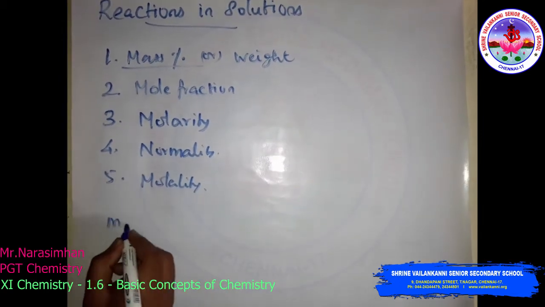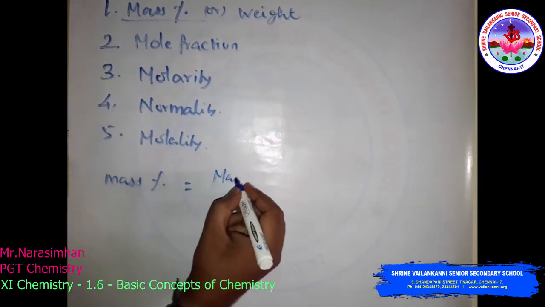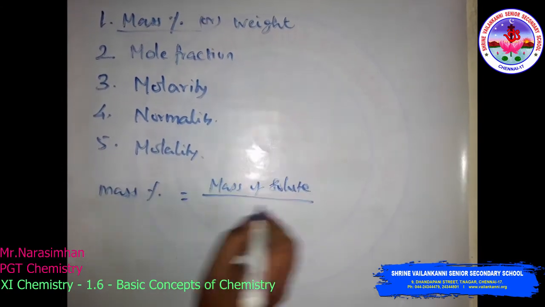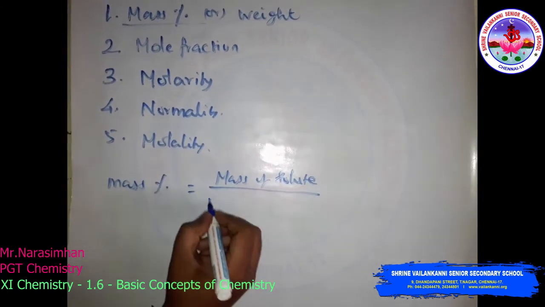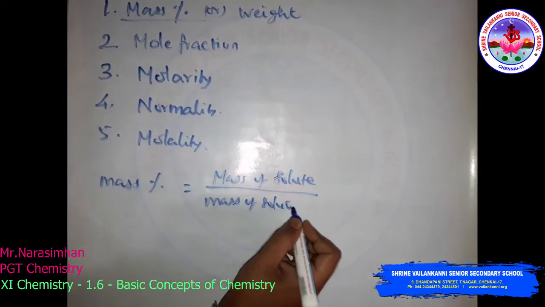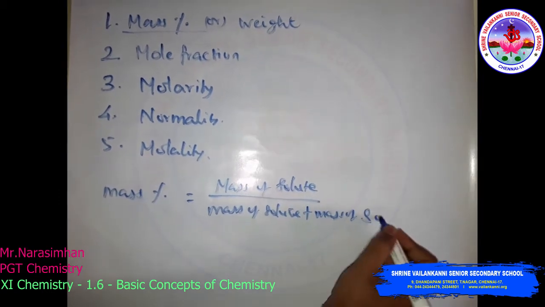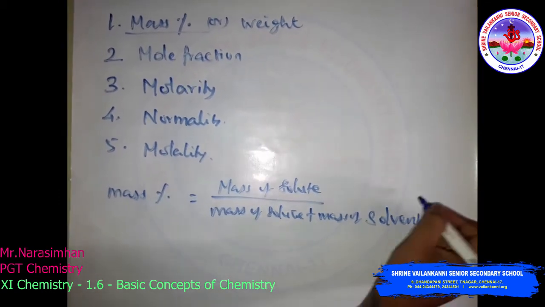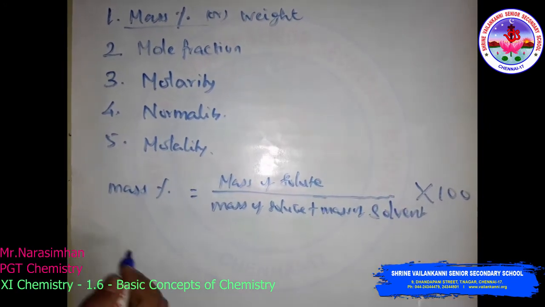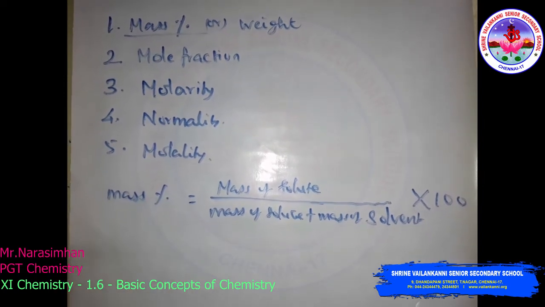Mass percentage equals mass of solute divided by mass of the solution, or mass of solute plus mass of solvent, into 100.